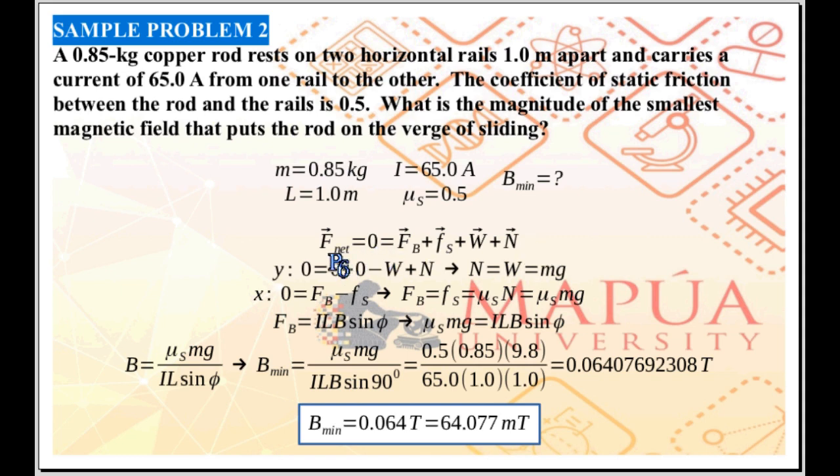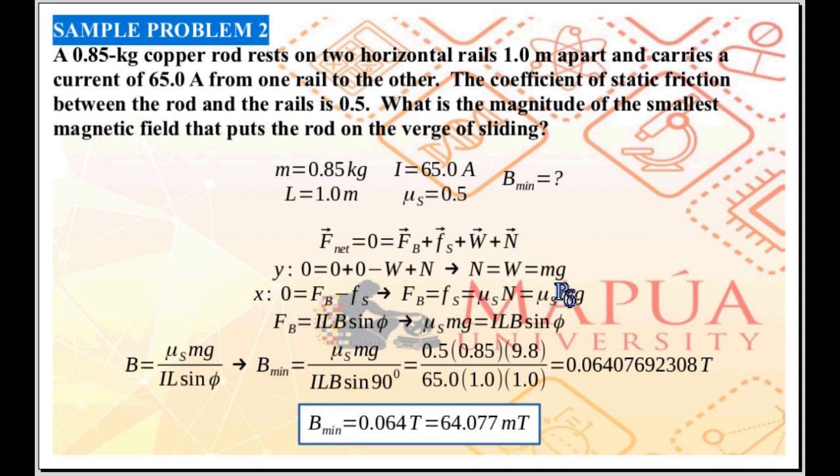Since the rod is just resting on the rails, you have a static case. F net is equal to 0. So F net is equal to 0, which equals magnetic force plus static friction plus weight plus normal force. This is a vector equation, so we use our component method to analyze that equation. You have the y component and the x component. The y component will tell us that the normal force magnitude is just equal to the magnitude of the weight.